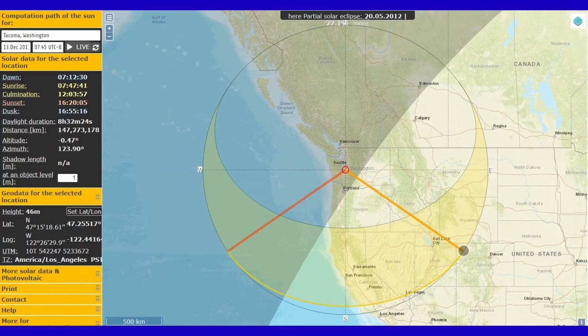If we go to suncalc.org, we can see that sunrise was about 7:47 or so in Tacoma, Washington on December 13th, 2011.